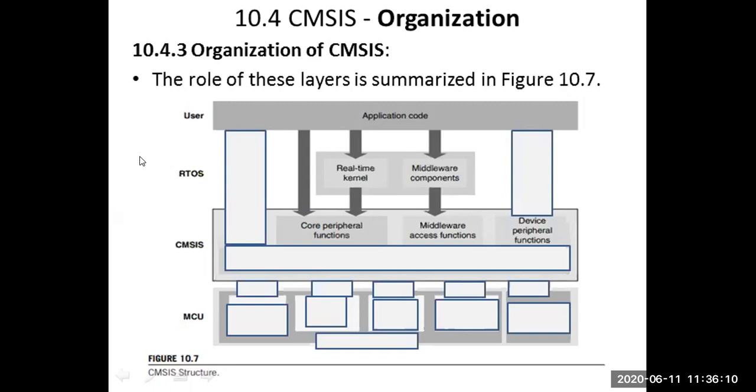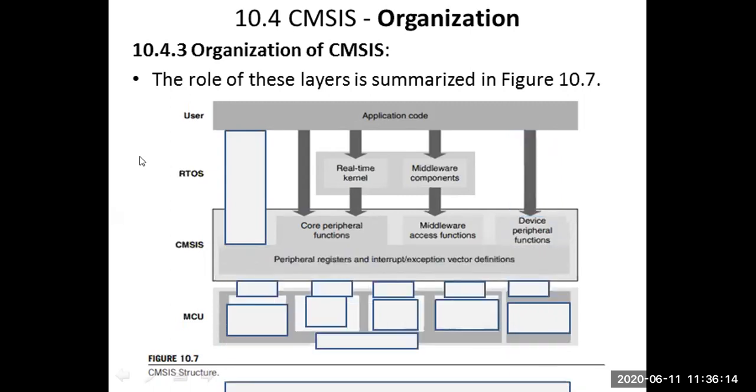Then the application code can interact with that, and it also contains peripheral registers and interrupt exception vector definitions. Registers and vectors, you are seeing how the memory map is done, the vector style.